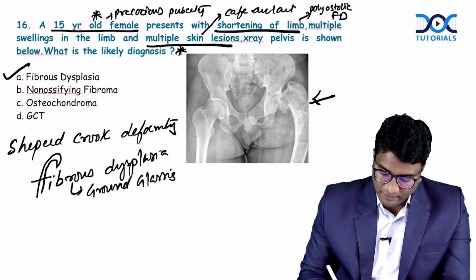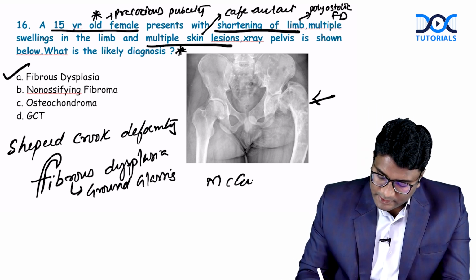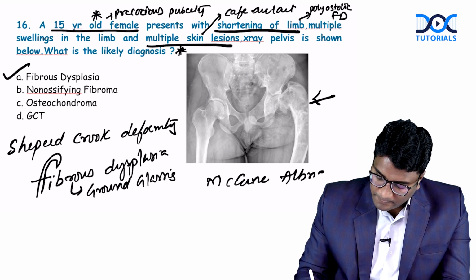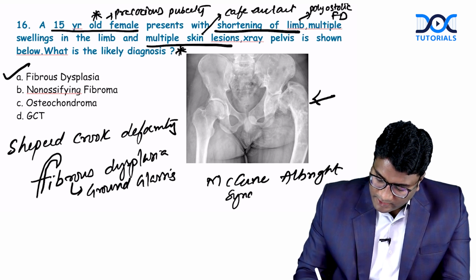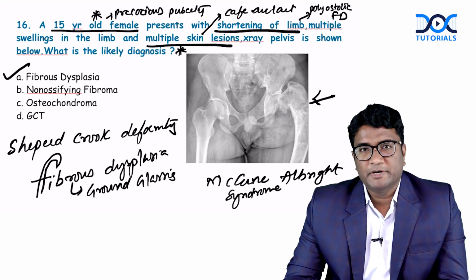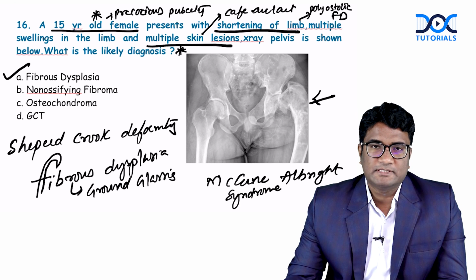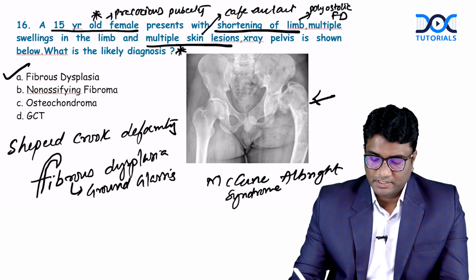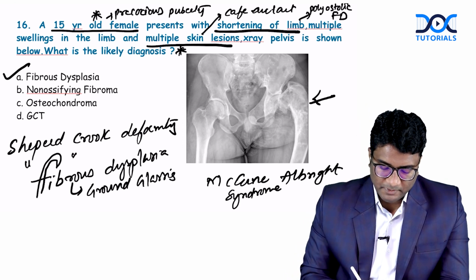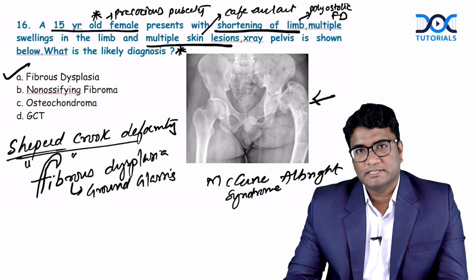All of these go in favor of McCune-Albright syndrome. So, multiple endocrinopathies, precocious puberty in a female with café-au-lait spots and polyostotic fibrous dysplasia. This is suggestive of McCune-Albright syndrome. The image given was a Shepherd-Crook deformity. Shepherd-Crook deformity is seen in fibrous dysplasia.